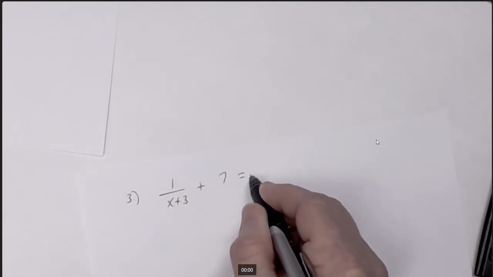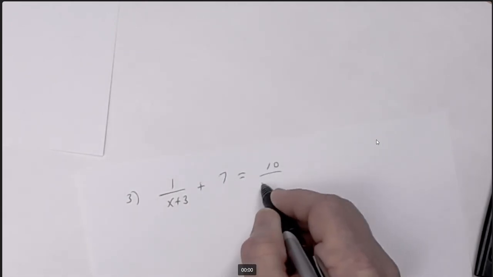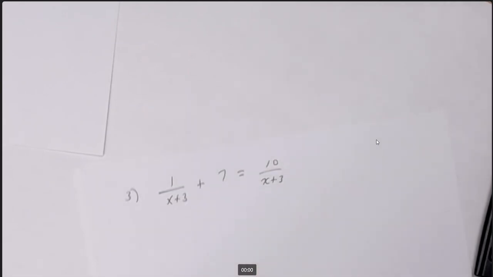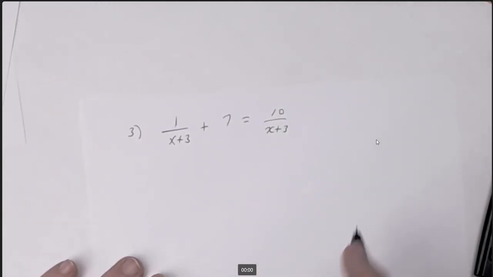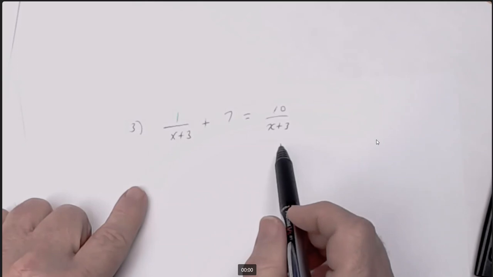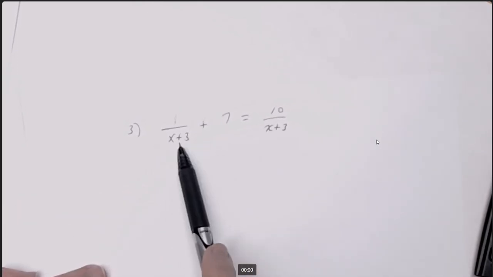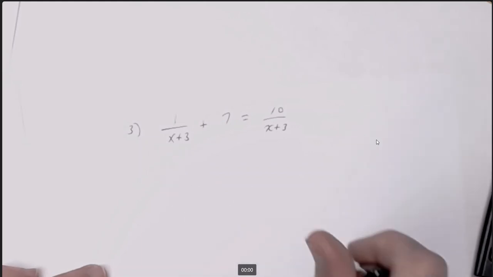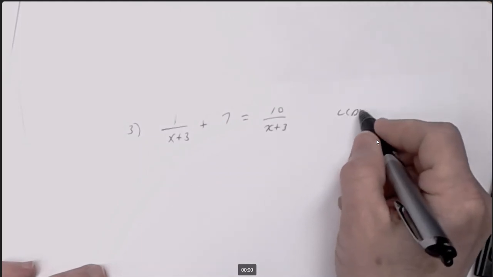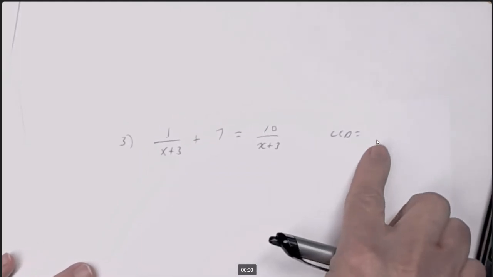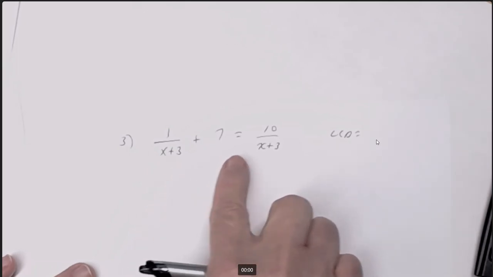All right, now notice you have this rational equation because notice the denominator, at least one of the denominators contains a variable. So you got to find the least common denominator. So remember, your least common denominator is going to include every factor you see in the denominator. So I see an x plus 3. So I need an x plus 3.